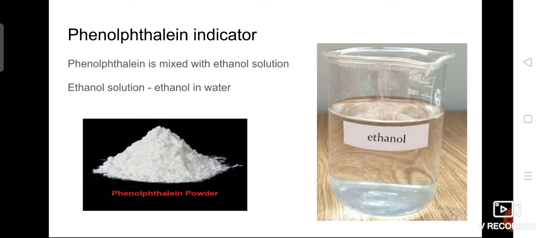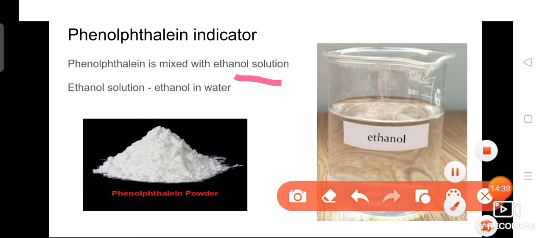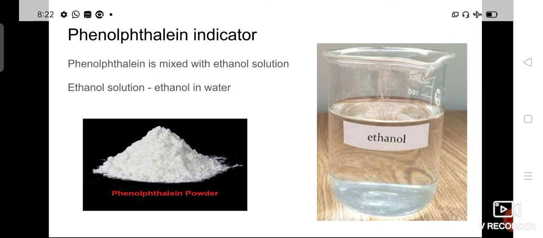It is a mixture of ethanol and water. Ethanol is an alcohol. If you mix ethanol in water, it is called ethanol solution. To that ethanol solution, we add this phenolphthalein powder. Have you all clear? So the mixing of ethanol and phenolphthalein gives the phenolphthalein liquid indicator, that's phenolphthalein solution.